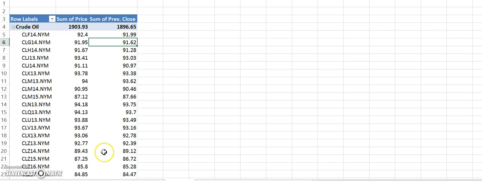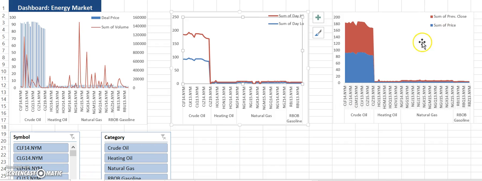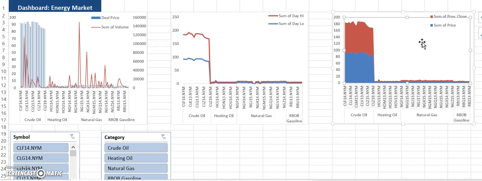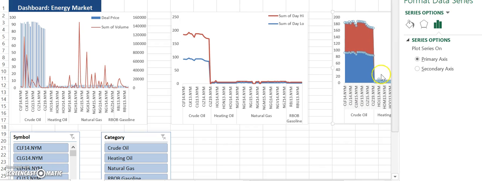From the third chart, we can easily tell that for crude oil, the difference between today's price and previous close price is very big. It's almost $80. It may show that buying in at the previous closed price, this one here, and selling out at this price here, could earn a lot of money.